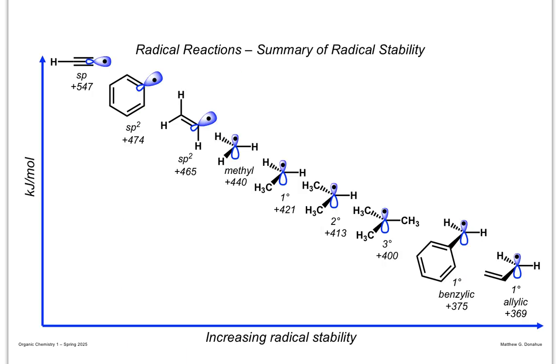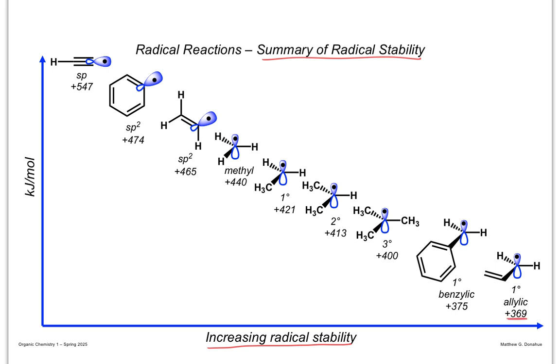So here is a summary table of radical stability. Pay attention now to the way this is organized. The x-axis says increasing radical stability. So the thing that's furthermost to the right is the most stable. Your primary allylic radical, that's the most stable.